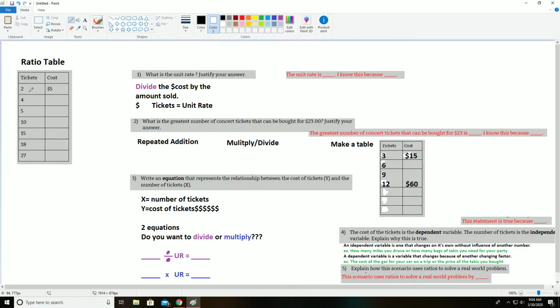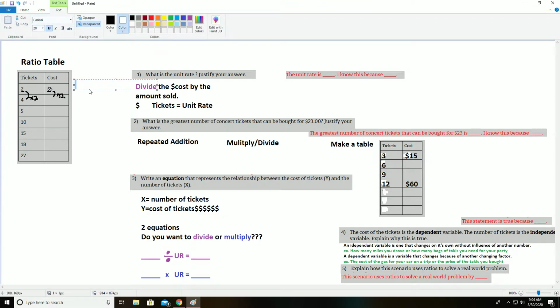So if I know that two tickets cost $5, what I can do is I can say, okay, well, I know that four is twice as much as two. So if I'm going from here to here, I'm really just multiplying this times two. Since I'm multiplying this times two, that also means I need to multiply this times two. Okay, so 5 times 2, move this down just a little bit.